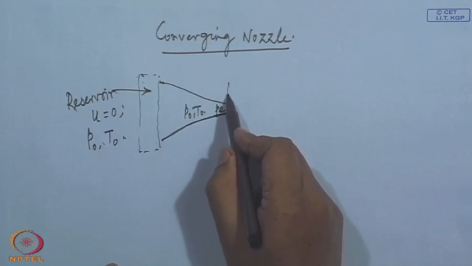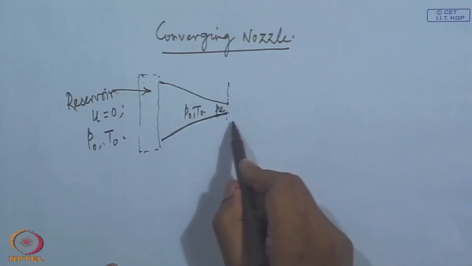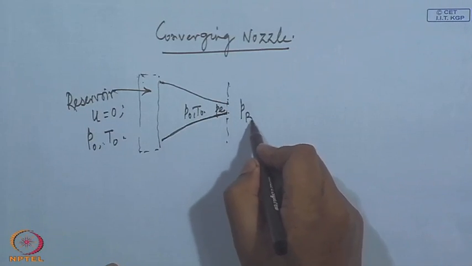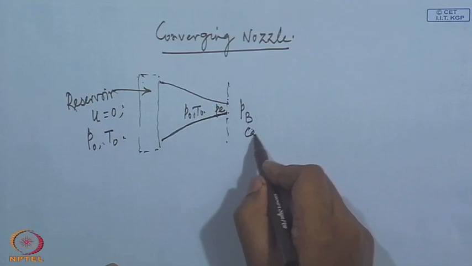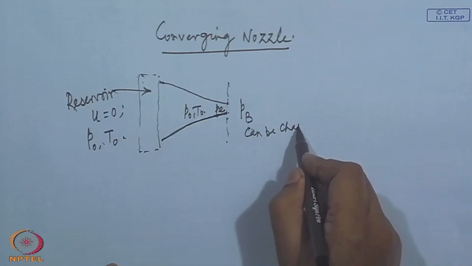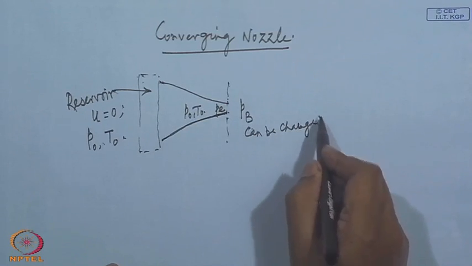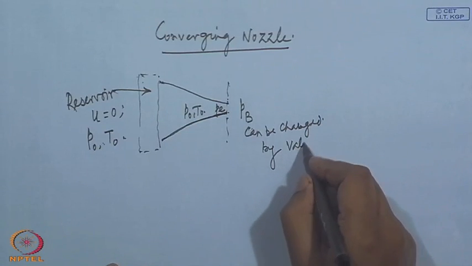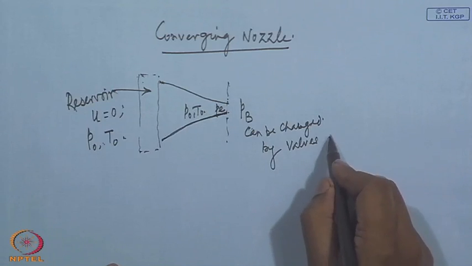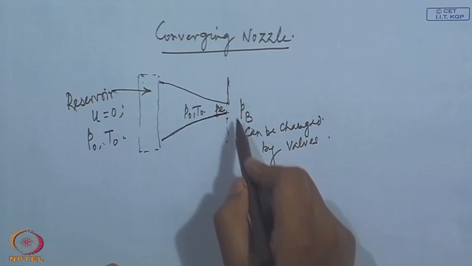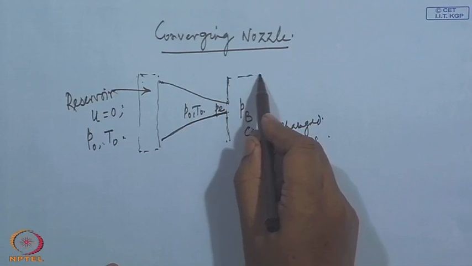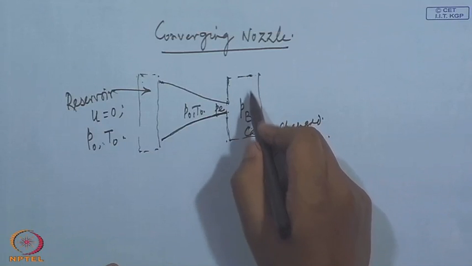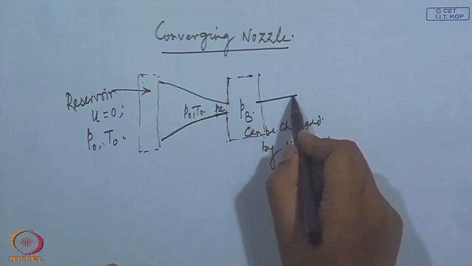Let us say this is connected to some mechanism which can be changed by valves and others. That is, the exit goes to a certain chamber and then it finally goes to exhaust.